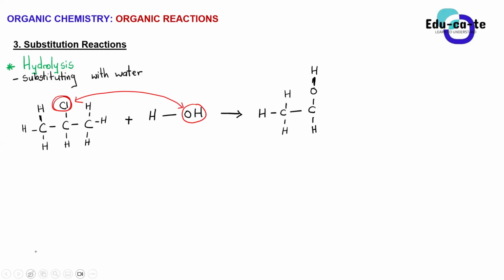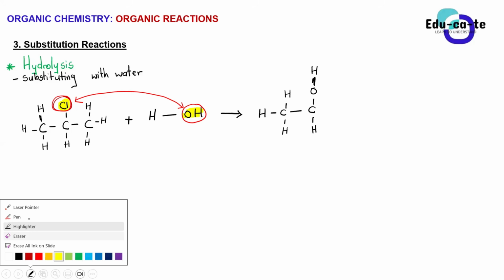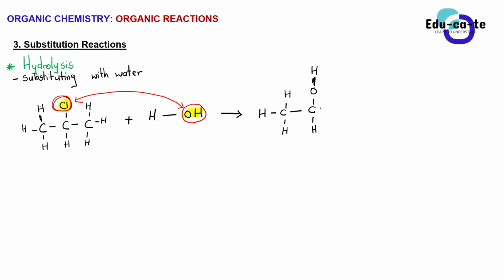Where there was a Cl, where there was this chlorine atom, I'm going to put a hydroxyl group OH. That's why I'm only writing OH there. And then here I'm going to have C bonded to H, bonded to H, bonded to H.